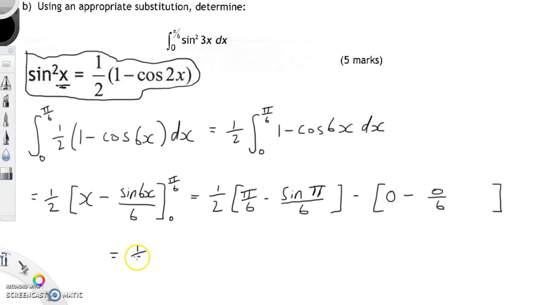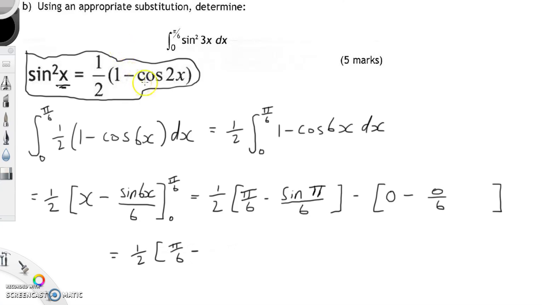So we have a half outside of pi over 6 minus the sine of pi. Now when you see pi like that, we need to put our calculator into radians, so shift and mode 4 for radians, and I get the sine of pi radians, and I get 0, which is handy.